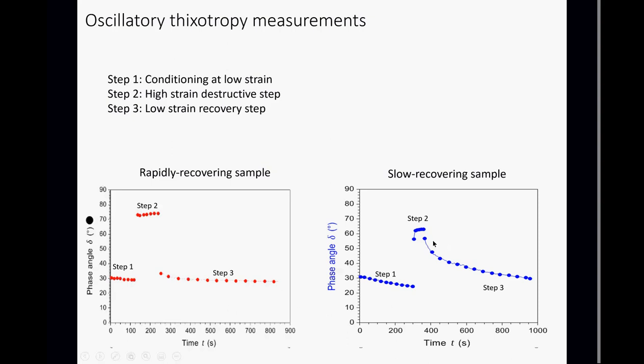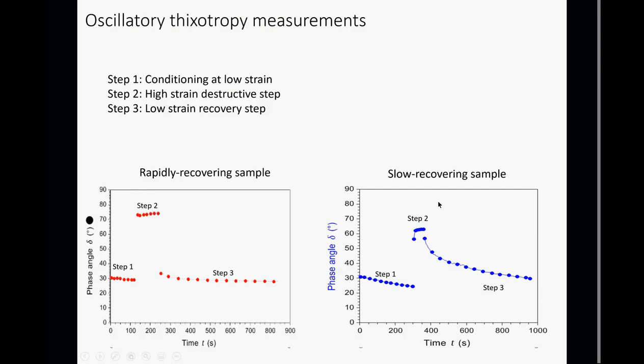conditioning period, and you can see for both of these samples, step 1 is a low strain conditioning. Phase angle is low. Remember, low phase angles indicate intact structure. We then hit the sample with a large strain deformation, and that disrupts the structure. For step 2, the phase angle is much higher, so that indicates less elasticity.